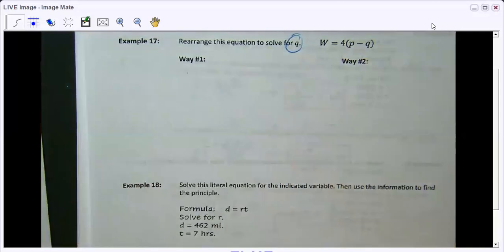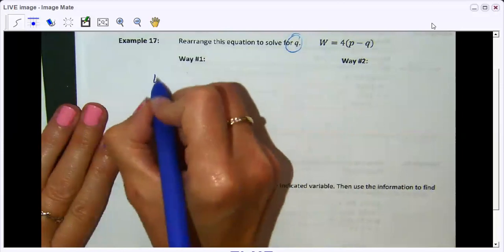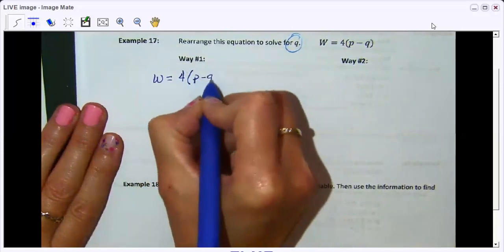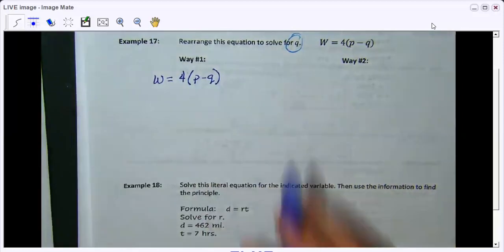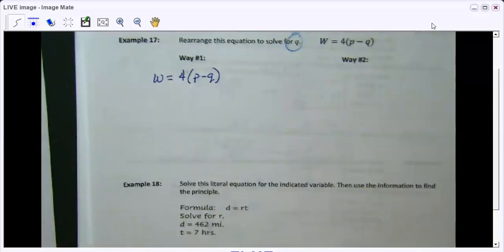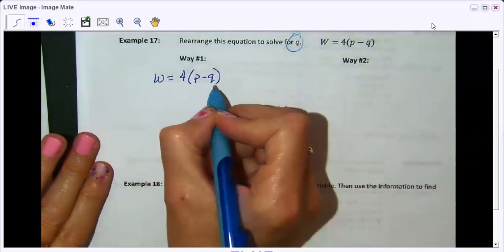Oh, I know, this one's a little bit different. Okay, so we have W equals 4 times P minus Q, and we want to solve for Q. So can somebody give me one way that we can solve this one? Asher? You could. Another way, and what you're actually saying is that you're dividing by 4.